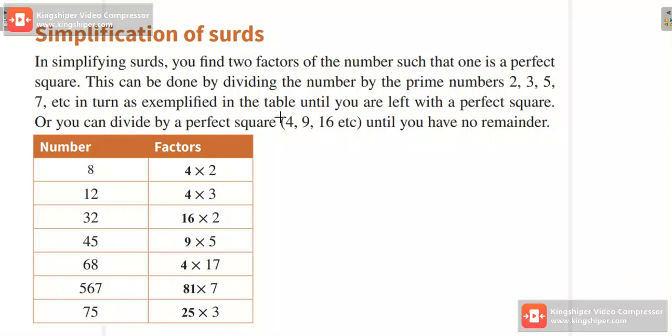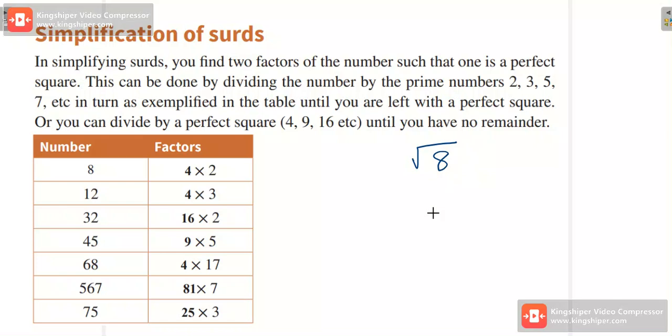So basically what the note is saying is that, let's say you have been given root of 8. We can simplify root of 8 to get its simplest form. So the question is, do we have any perfect square that can multiply another number to get 8?